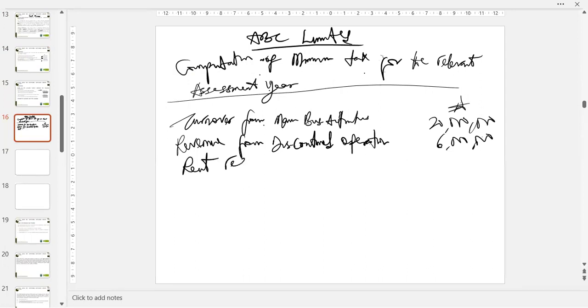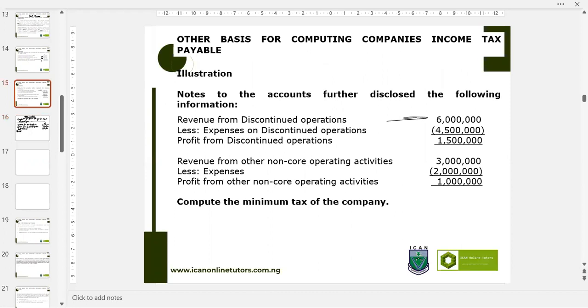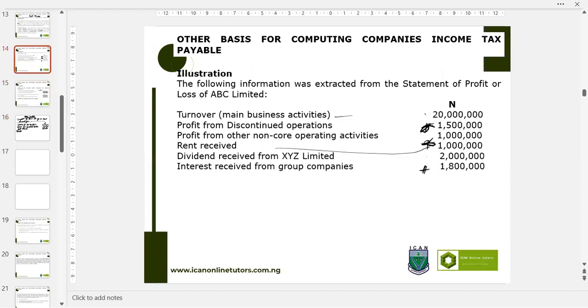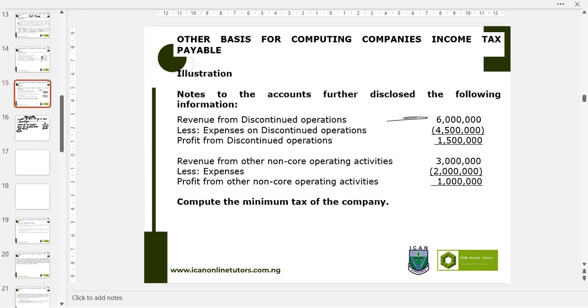And we have interest received. Oh, we also have revenue from other non-core operating activities.